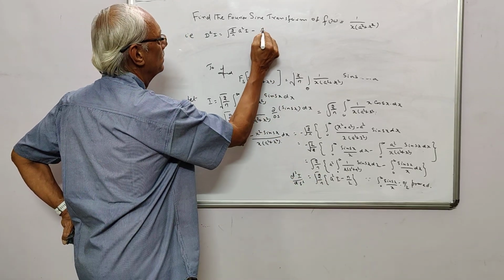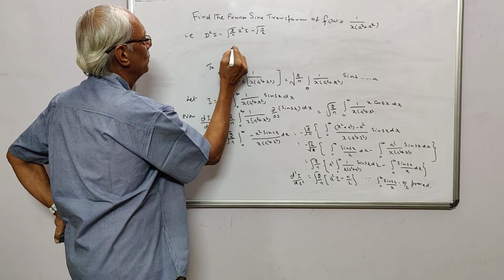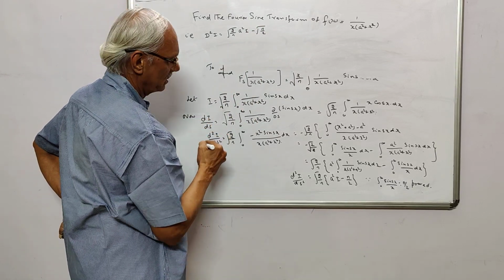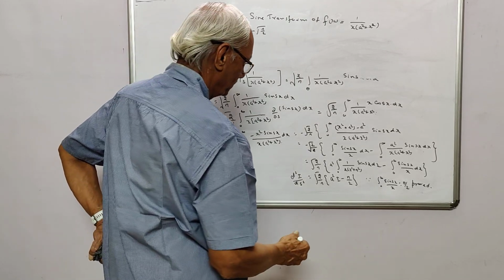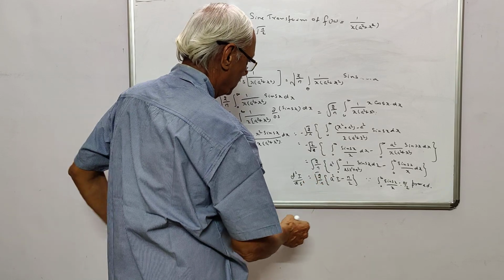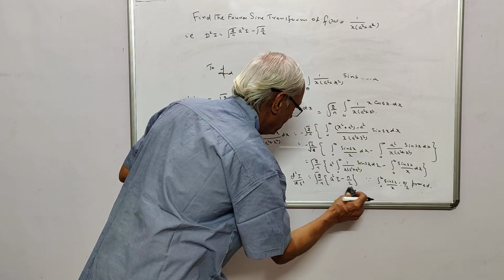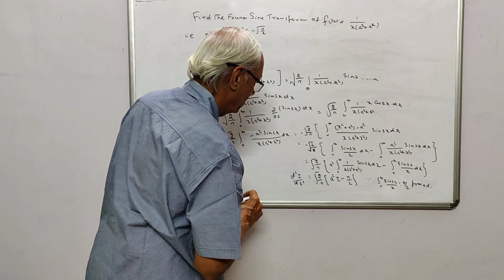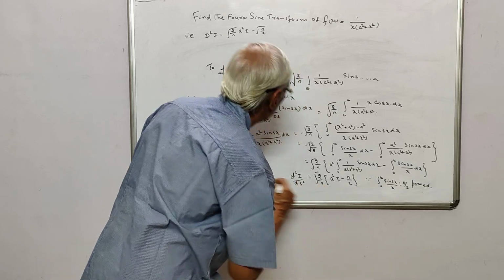Pi by 2 square root of this. So you get this one, I'll put it in this form.